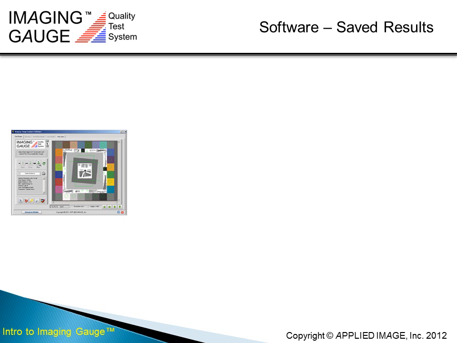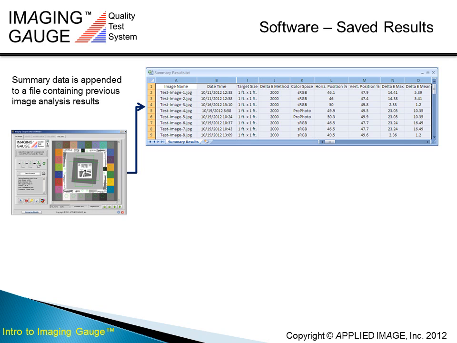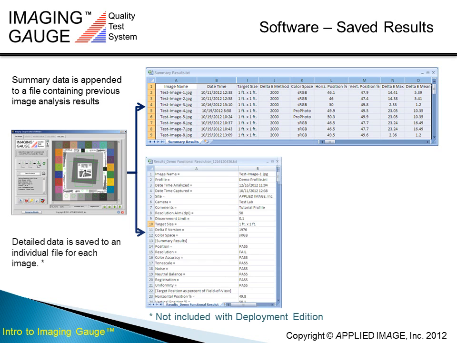After the image is analyzed, you can save the data, which appends the data from that image to a summary file. That allows you to do QC testing over time for all the images that have been run and saved. It also saves data to an individual file. This individual file includes additional data, such as the SFR curves and the CLAB values.